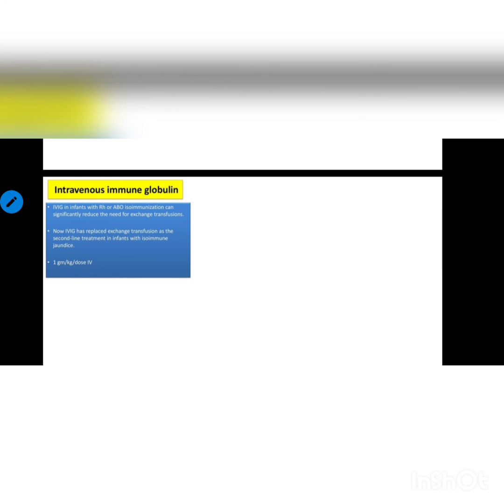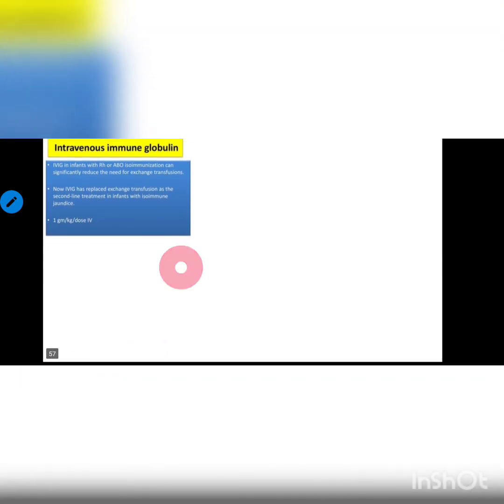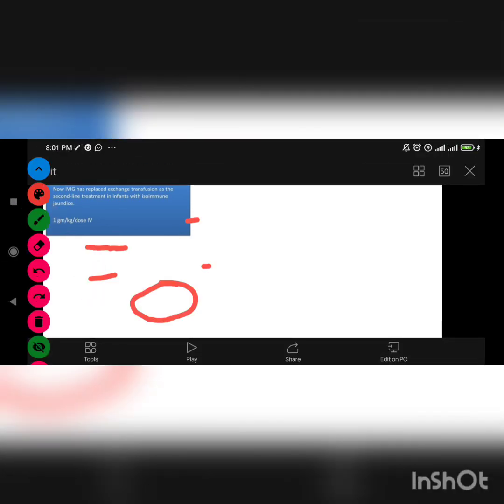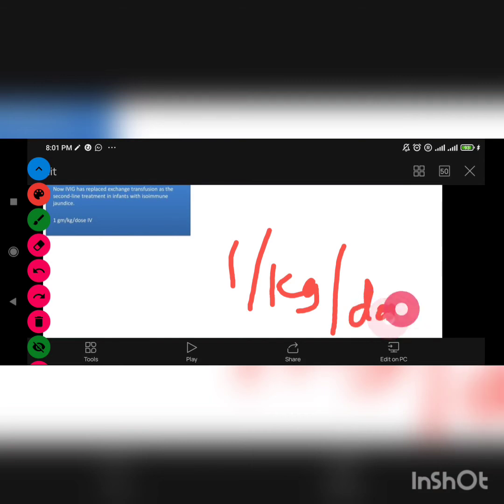So you should note that. IVIG has replaced exchange transfusion as the second line treatment in infants with isoimmune jaundice. The dose is important: 1 gram per kg per dose, IV.